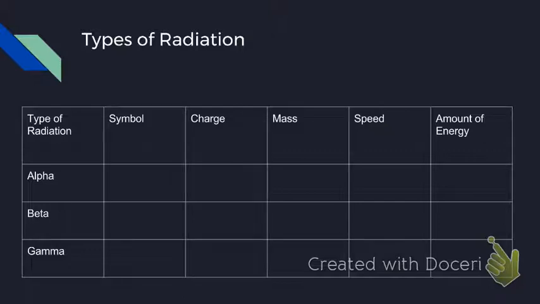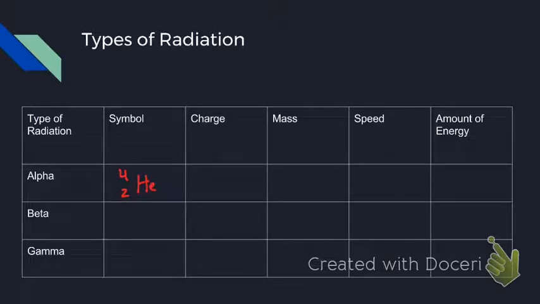So the symbol for an alpha particle, now you probably remember alpha particles from Rutherford's gold foil experiment, where alpha particles were emitted, shot at the gold foil. So they have a mass of 4, and 2 of them are protons.